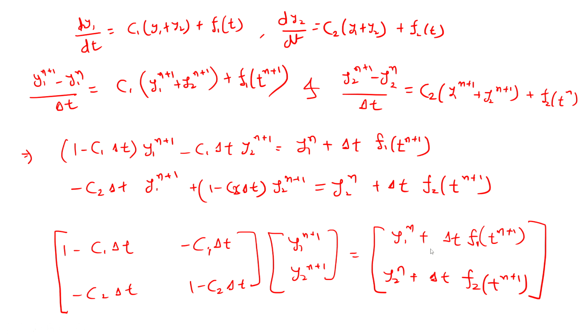In the first row we will have y1^n + Δt/2 f1(t_(n+1)) + c1/2 (y1^n + y2^n) + f1(t_n), and this will be divided by 2 in each place.